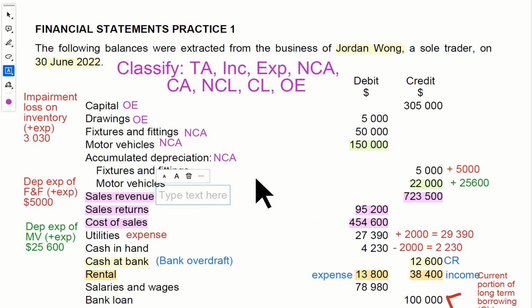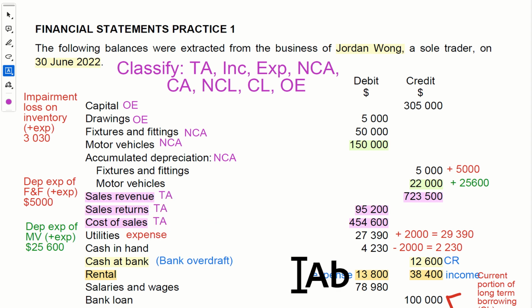So sales revenue is part of your TA. Sales return is TA. Cost of sales is TA. Next one, utilities is an expense.